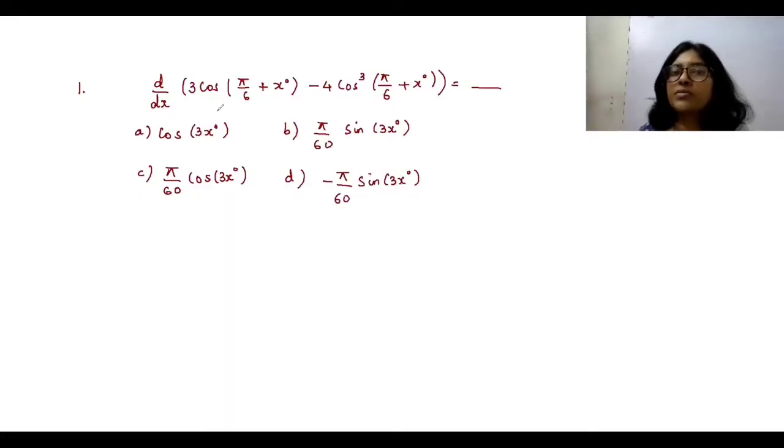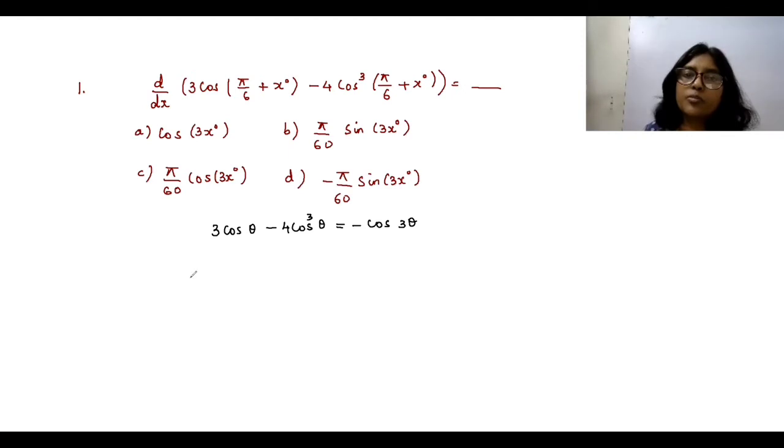The question is on derivative, and this is a formula of minus cos 3 theta. Since cos 3 theta would be 4 cos cube theta minus 3 cos theta.